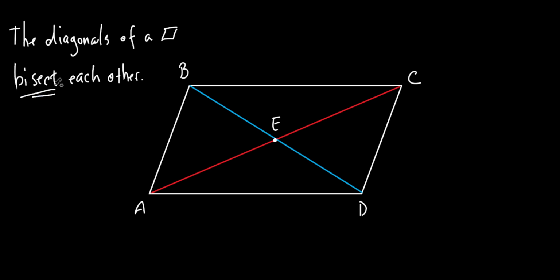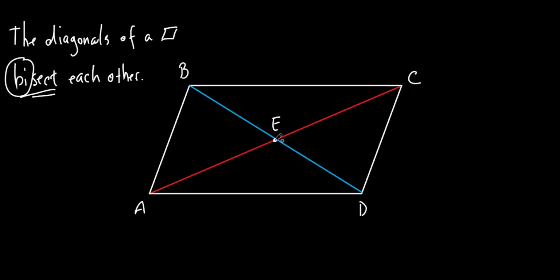So what does it mean to bisect each other? It has that prefix, bi, meaning what? No, bicycle. What's a bicycle have? It's got two wheels, right? So what does bisect mean? It intersects it. Okay, well, not at 2 points.